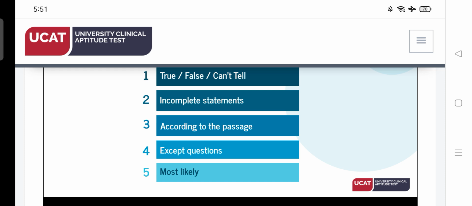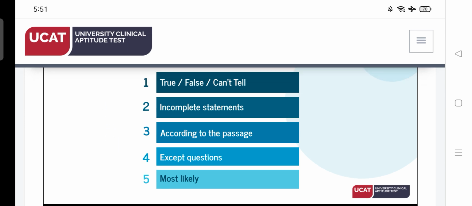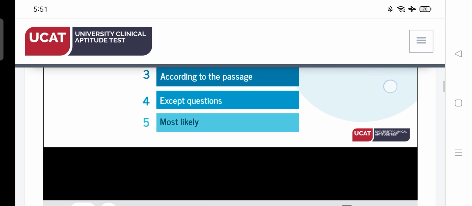Fourth, except questions. Fifth, most likely. So these are the 5 types, or you can say 5 categories, that are included in the verbal reasoning test questions.